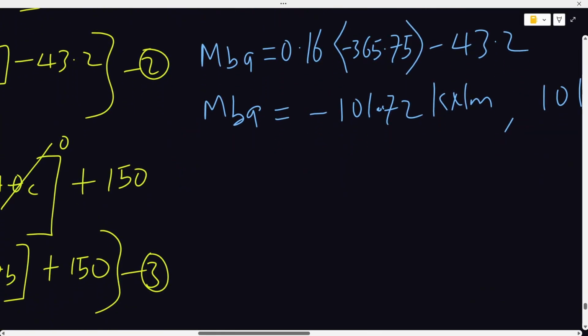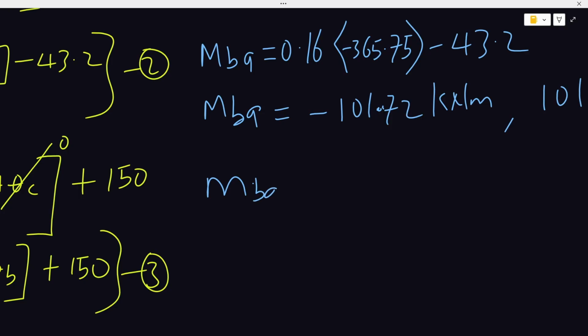So now that we know MBA, we can know MBC directly, because we remember this equation in red before, this red one, when we found the summation of moments. I'm using colors to associate some things, which is also a tool for learning.